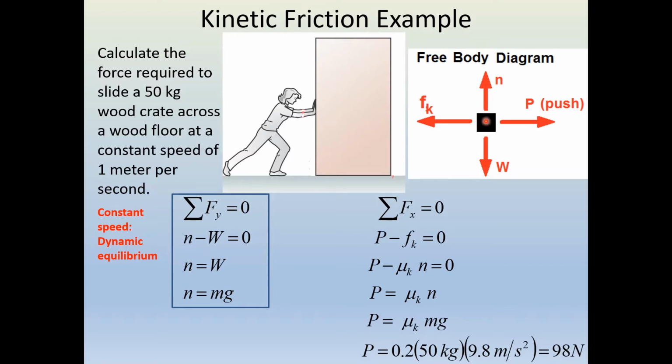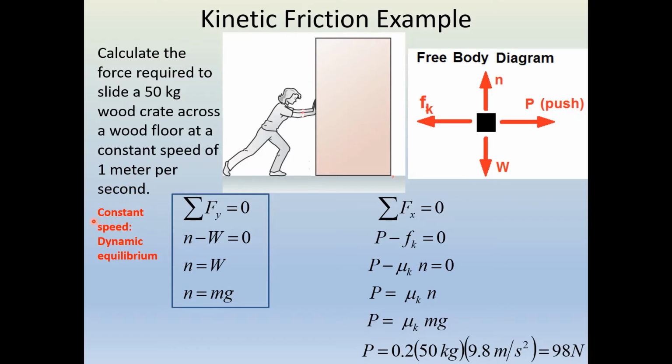We have the woman's pushing force pointing to the right, that's P, and opposing that, because the crate, remember, is sliding to the right, the kinetic friction force is pointing back to the left. And this is kinetic friction, because remember, kinetic friction has to do with when something is actually moving or slipping or sliding.